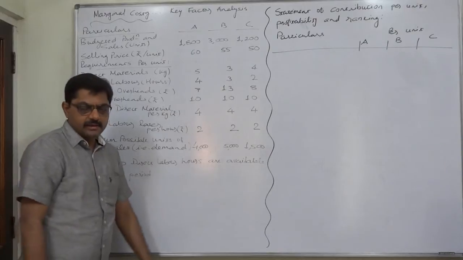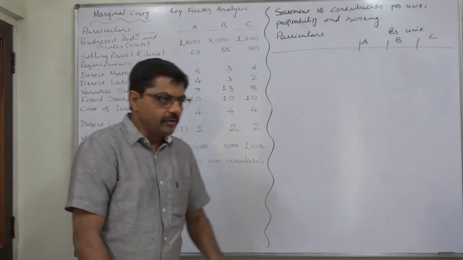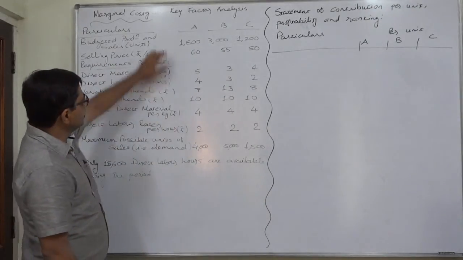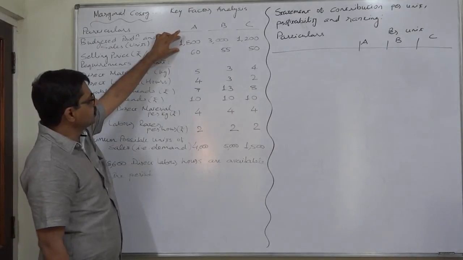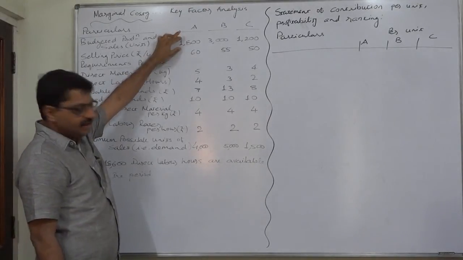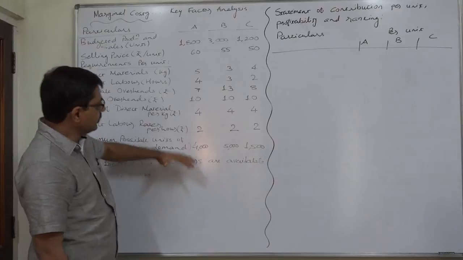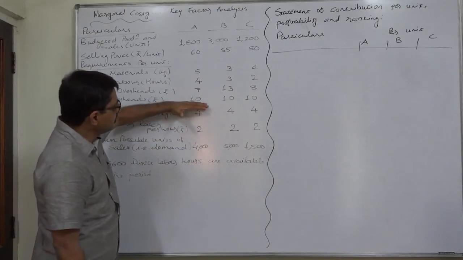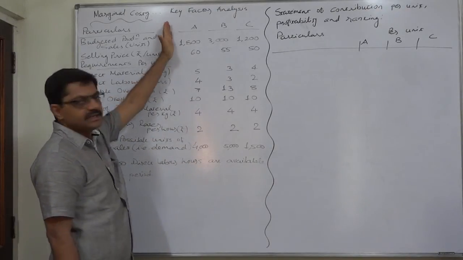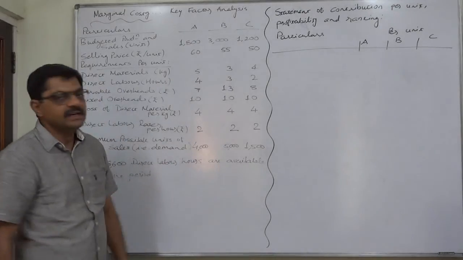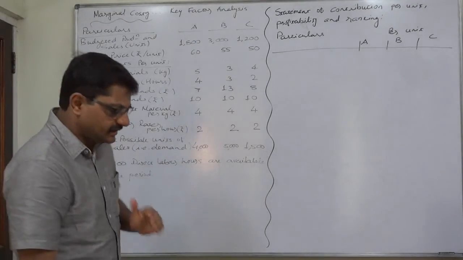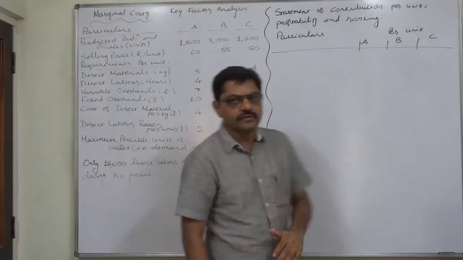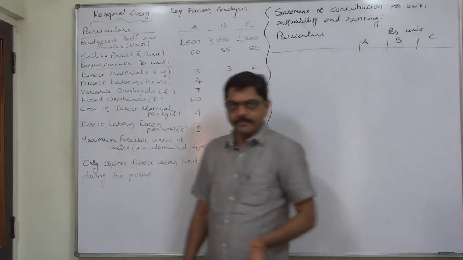But wherever any information like budgeted sales etc. is available, then we should multiply the per unit fixed cost with this budgeted number of units and not the sales potential. This is actually a limitation of the style of asking the question.